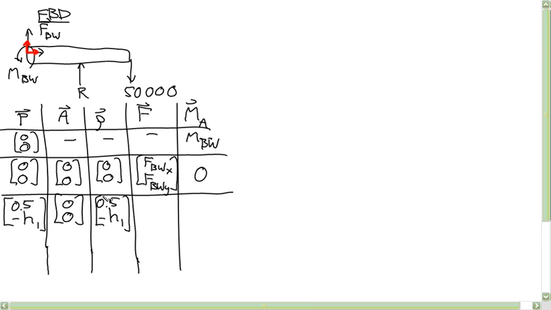The force vector is 0, R. And so the couple is 0.5 R minus 0 times negative H1. So we got lucky there, right? That unknown H1 disappeared, and it's not going to show up in any of our equilibrium equations. Okay?